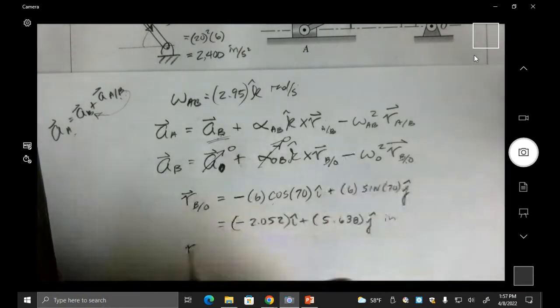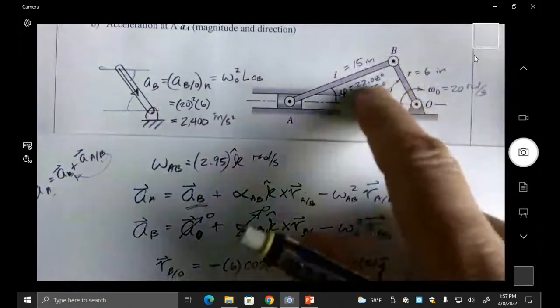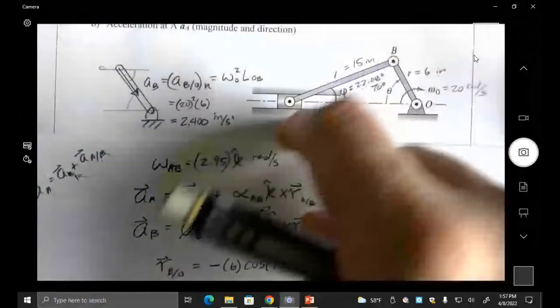While we're getting the radii, we get R, A with respect to B, right? So we're going to look down. Both of them are going to be negative, because we're looking to the left for A, and we're looking down.